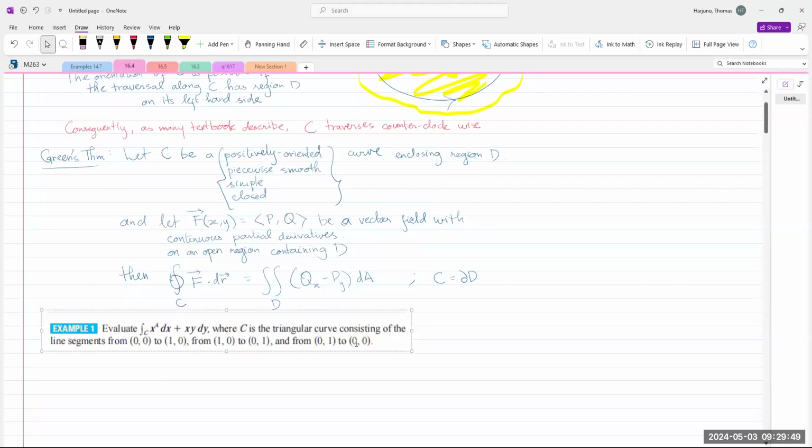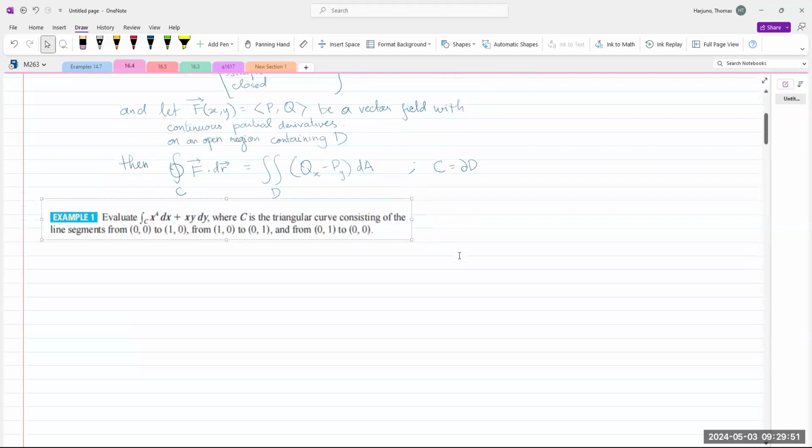Evaluate this integral where C is a triangular curve consisting of line segments. Let me do this first.